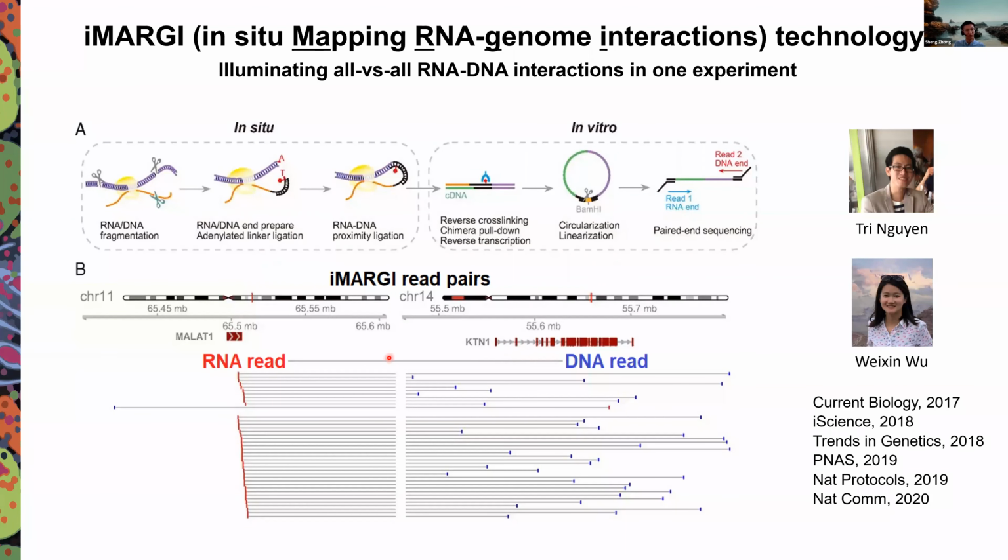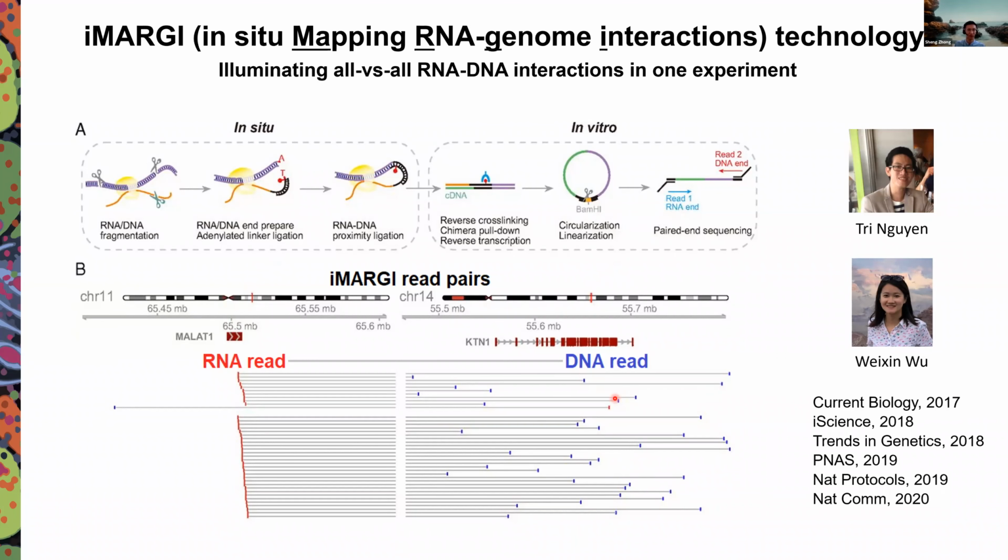So here, every row is a read pair where the RNA end is mapped and shown in a red block, and the DNA end is also mapped, shown in a blue block. In this case, we see that all these read pairs were mapped to the RNA of MALAT1, and they are associated with the genomic neighborhood of this KTN1 gene.